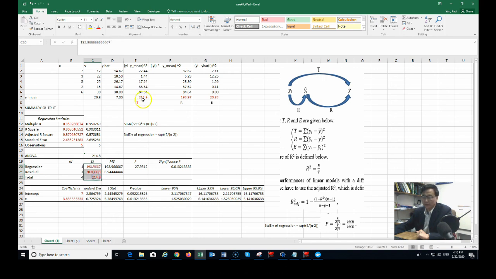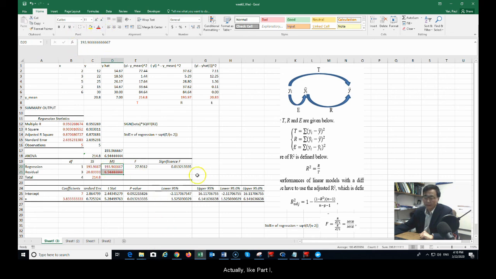These 3 numbers match these 3 numbers. So this is mean. If we look at it, it's simply total divided by degree of freedom. So this is 1. Of course we have the same value. The next one will be this value divided by degree of freedom. So we replicate these 2 values.